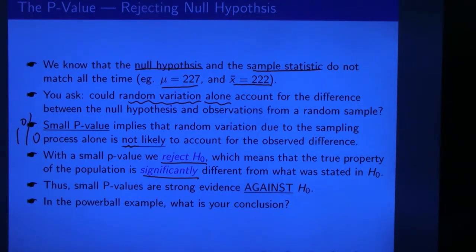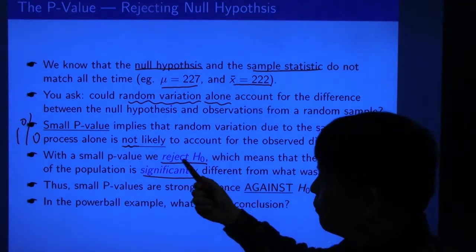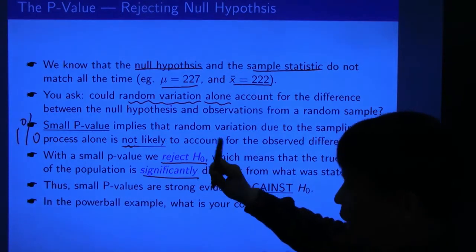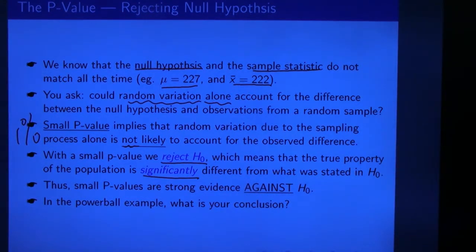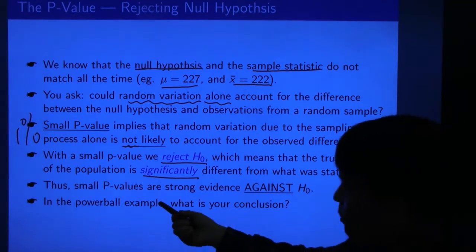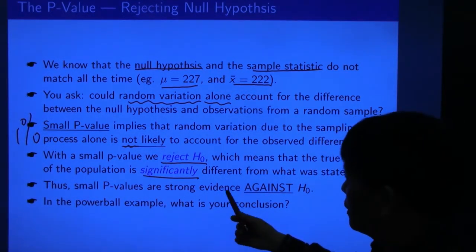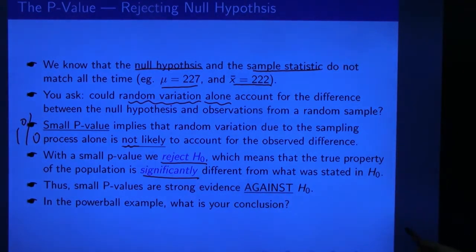Later you're going to see a lot of different wording, but you need to be very careful. For a small p-value, our conclusion is reject H0. So small p-values are strong evidence against H0.